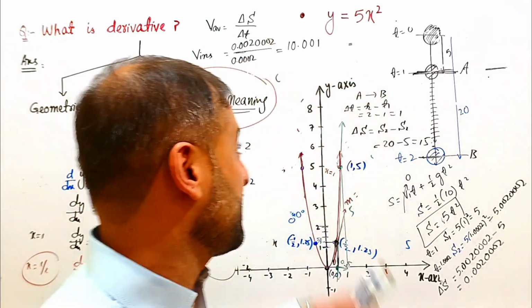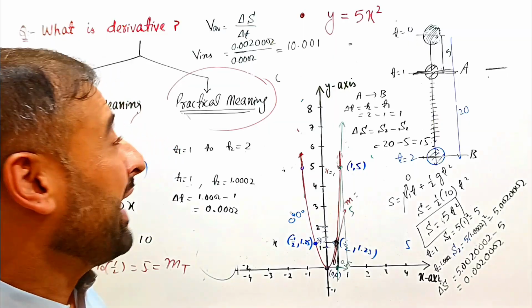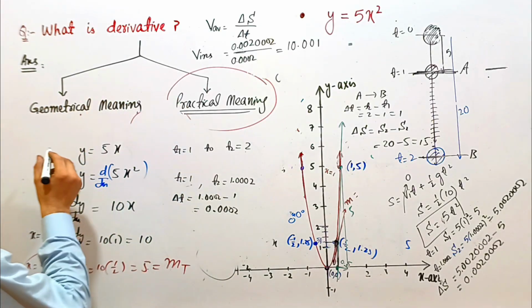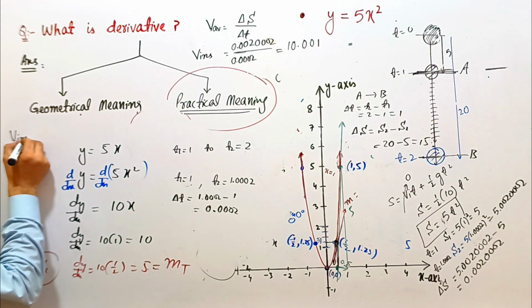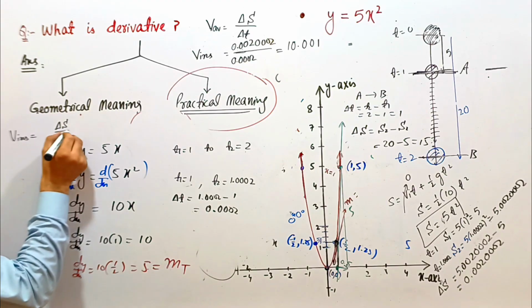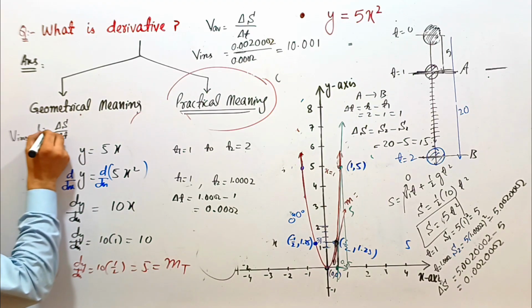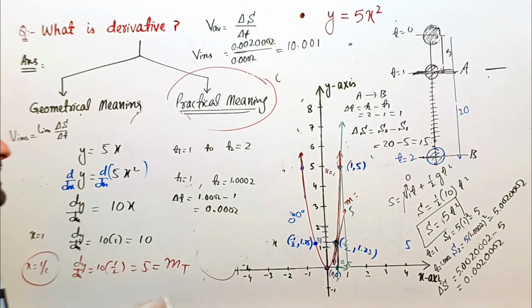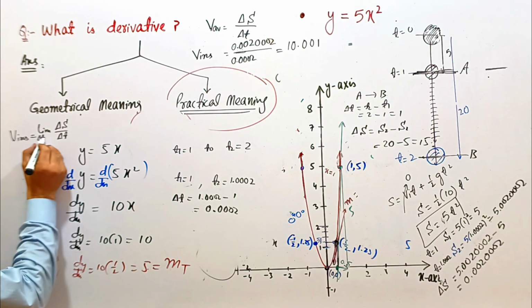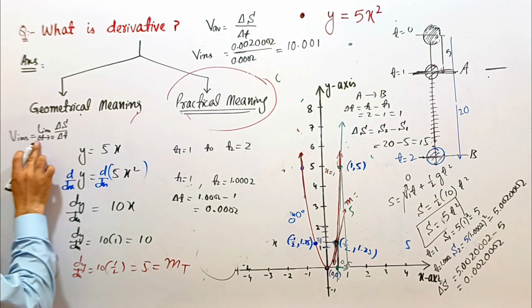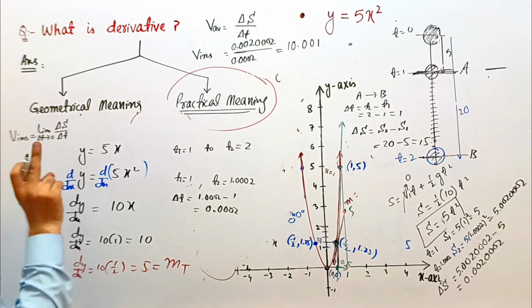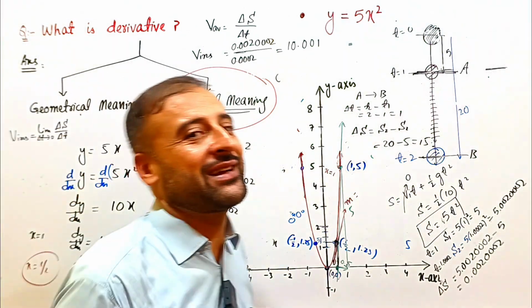We define instantaneous velocity as delta S by delta t, limit delta t tends to 0. Limit is a simple topic of mathematics. The closer delta t is to 0, the better will be the result.